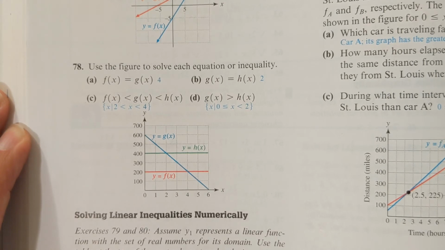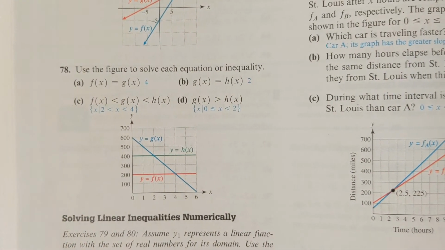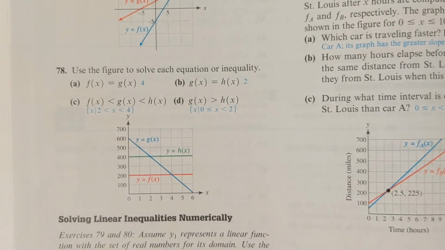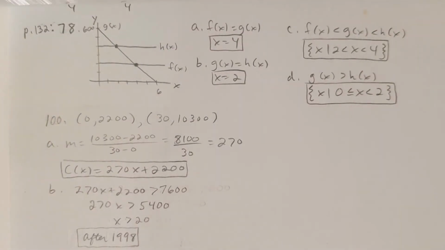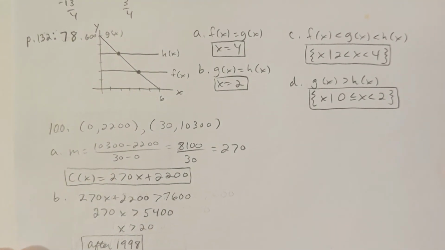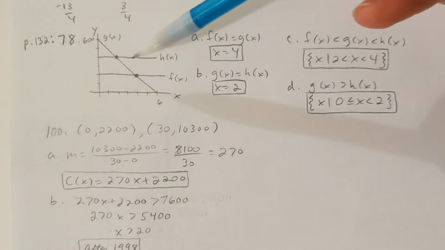Okay, so I first want to solve f of x equals g of x. Now the answer to this one is where exactly do the graphs of f and g meet?